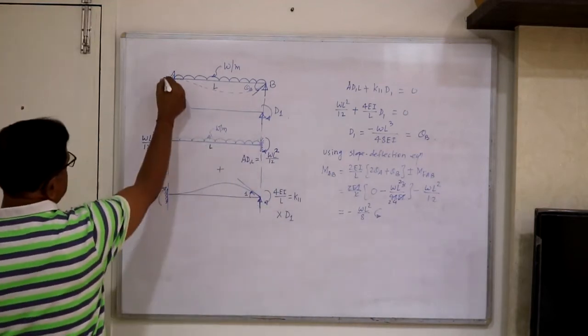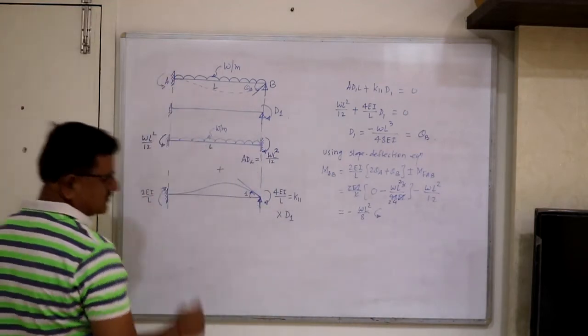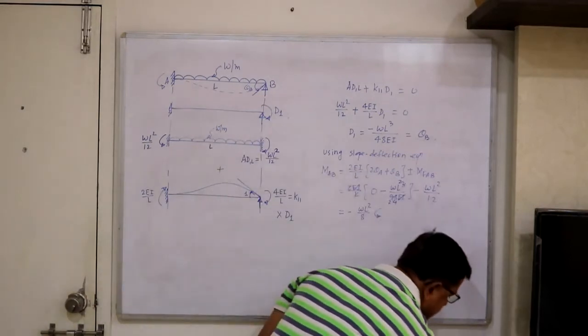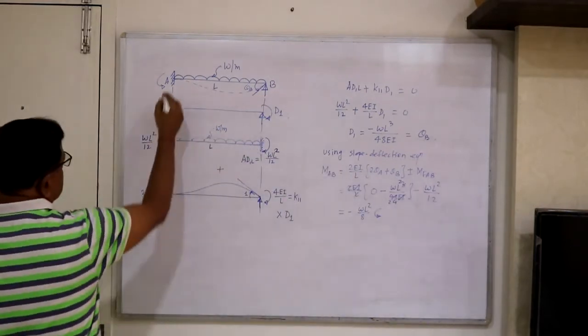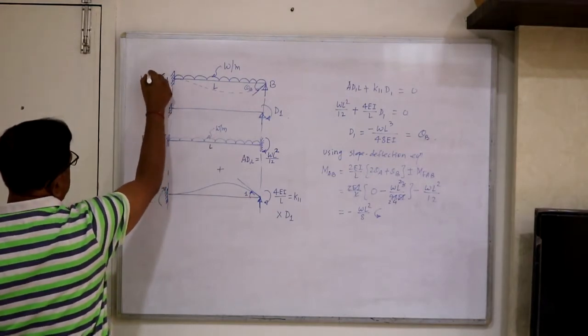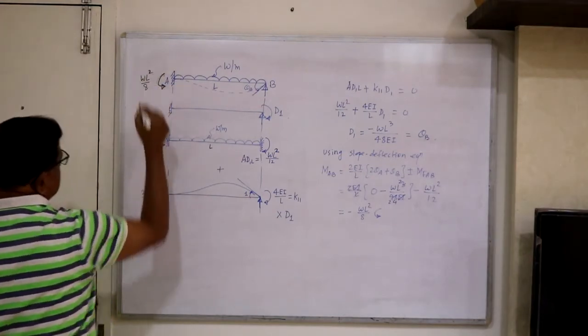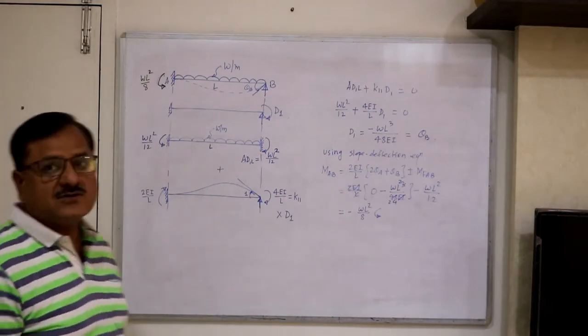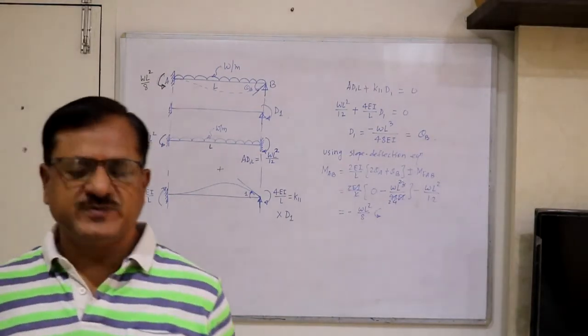So what moment you get here is anti-clockwise, negative, and value is WL square by 8. So we have calculated moment. So this is by using slope deflection equation.